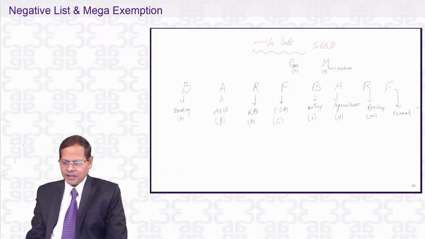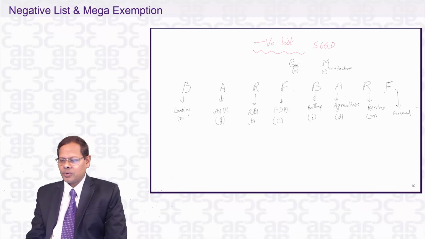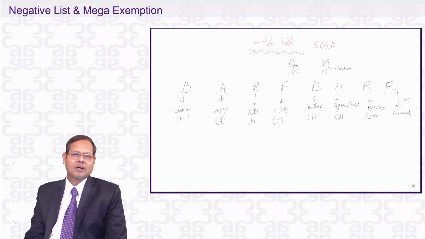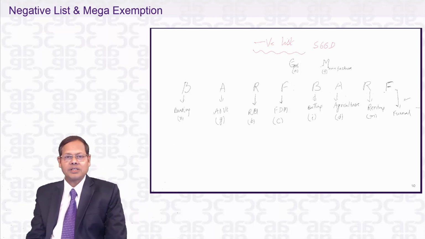Assume that somebody, an agriculturist, indulged in betting, lost everything, and had to settle with rented property. He has to use rented property, and finally he succumbed to his poverty, funeral. So what happened to the agriculturist who indulged in betting?